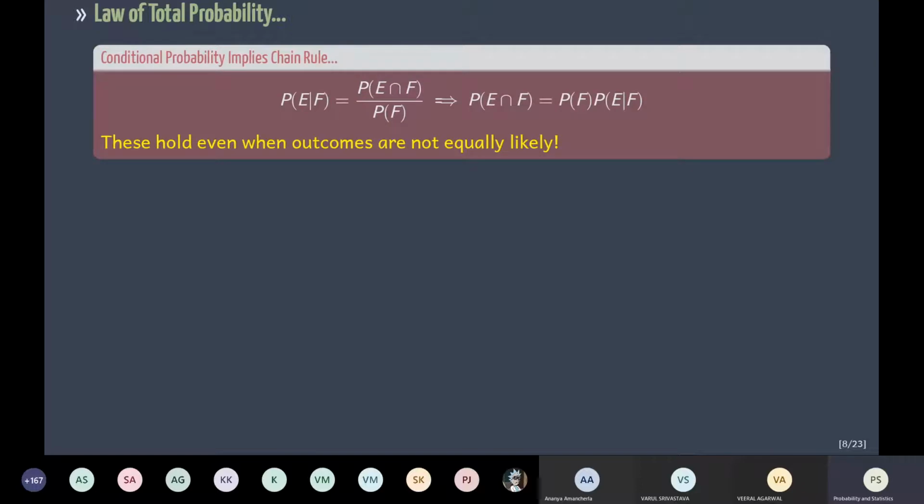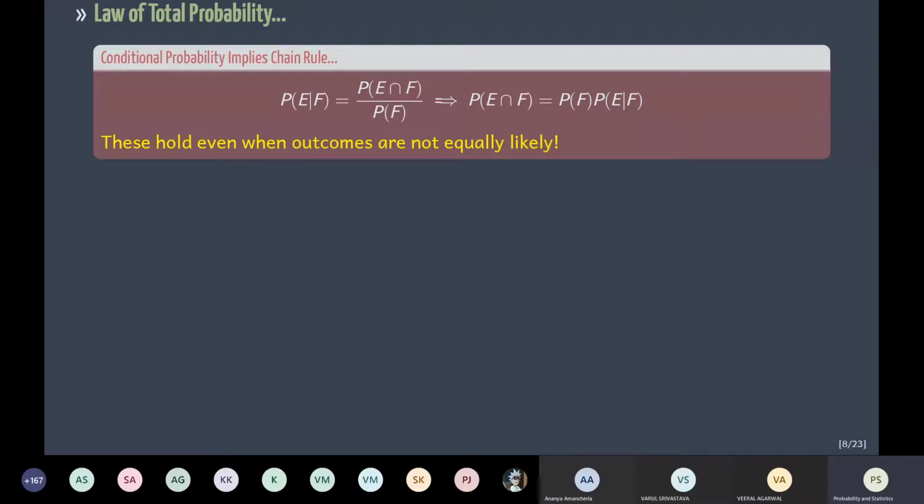Let us go ahead. Now what I will define is something called the law of total probability. Again, all these are intuitive things. We will see that these are trivial things.